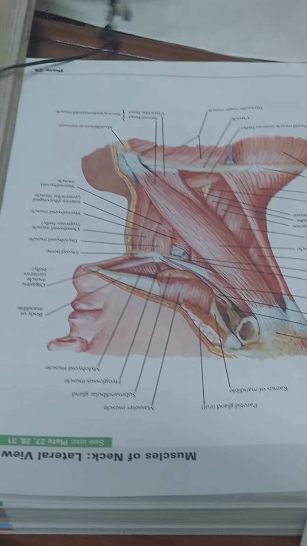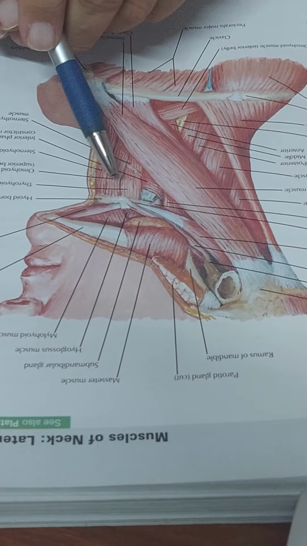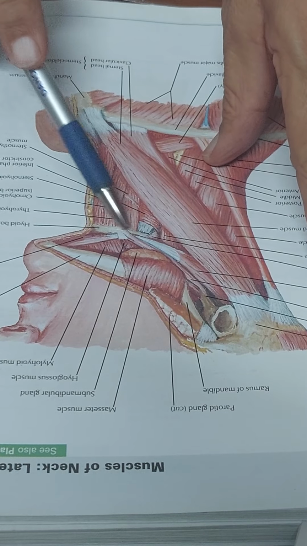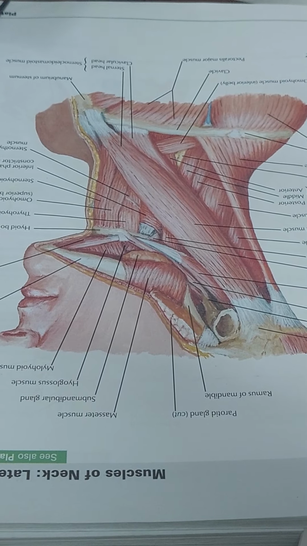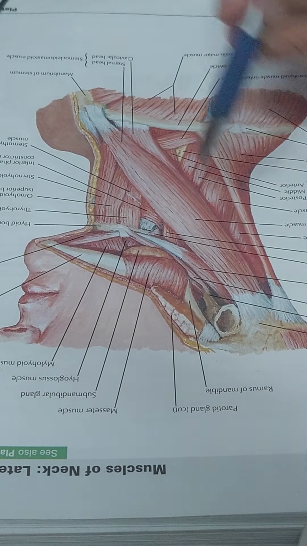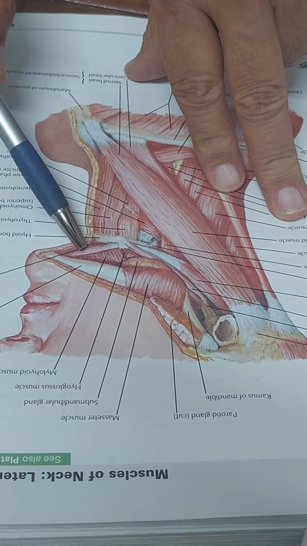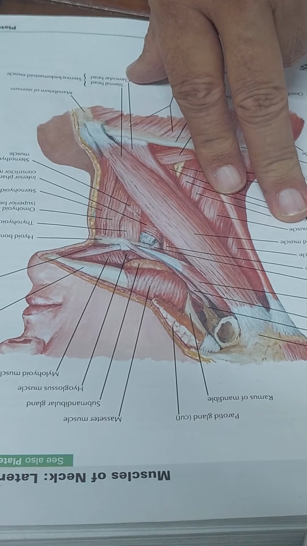Now look over here. Above the hyoid bone, there are a few muscles. These are called the suprahyoid muscles. And this is the digastric muscle having two bellies, the anterior belly of digastric and posterior belly of digastric.